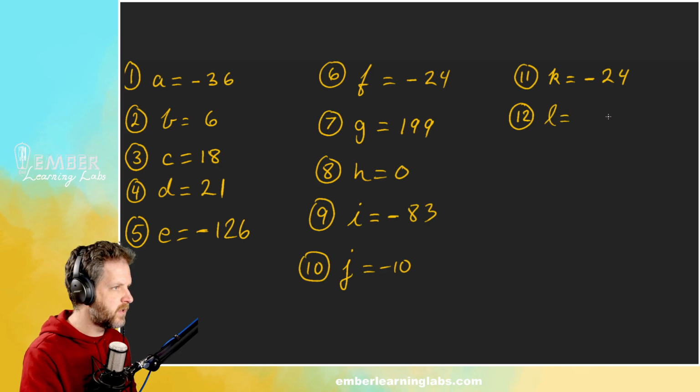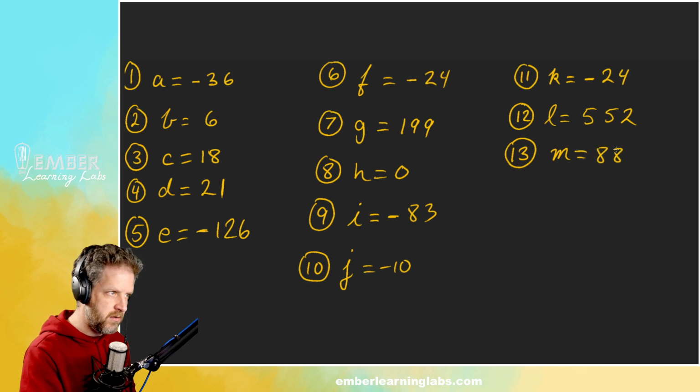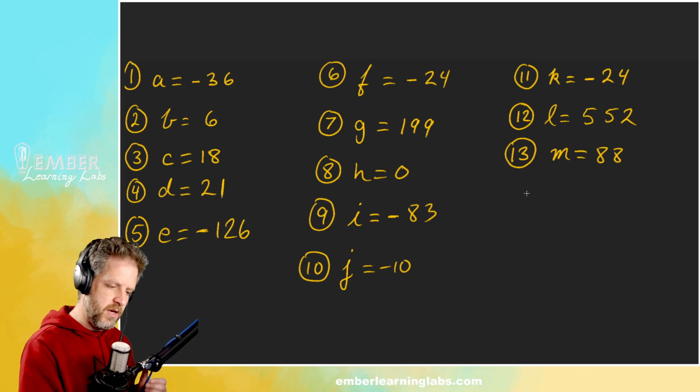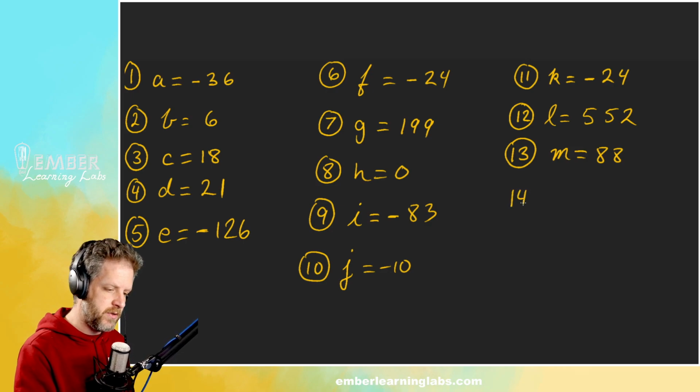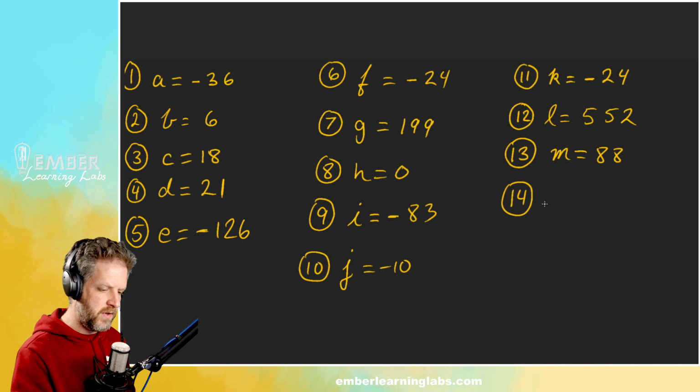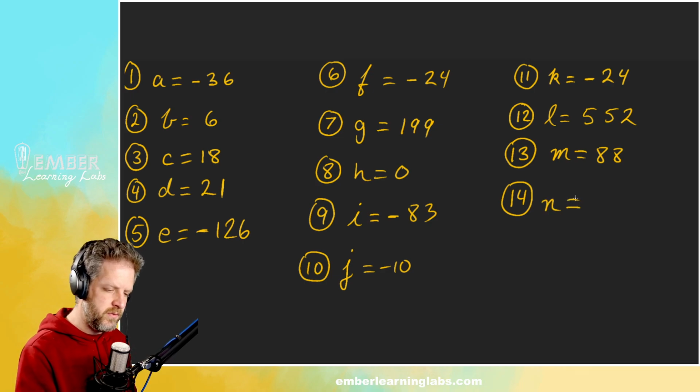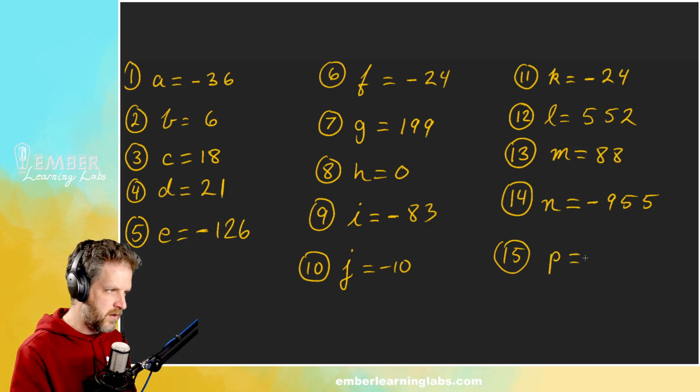L equals 552, and 13 is M equals 88. And then 14 is N equals negative 955. 15 is P equals negative 1.